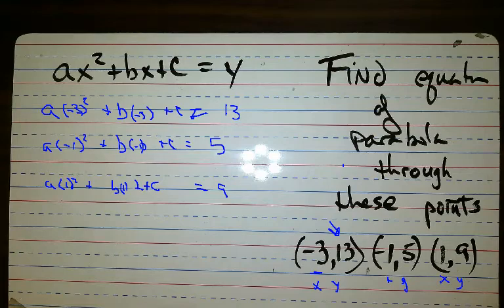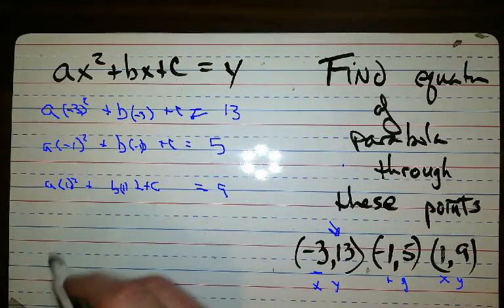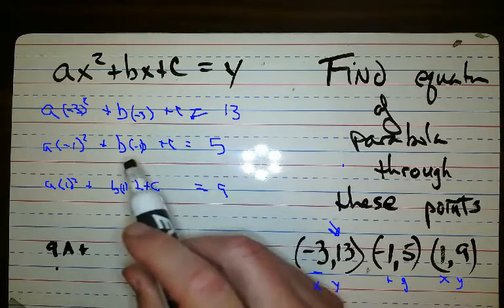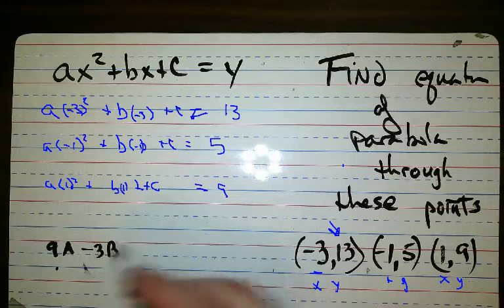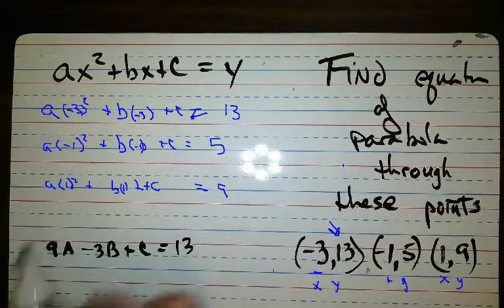Now maybe I can write it better over here. I know that this guy is 9, so that's really 9a, plus, what do I have there? -3, so that's really minus 3b, plus c equals 13.